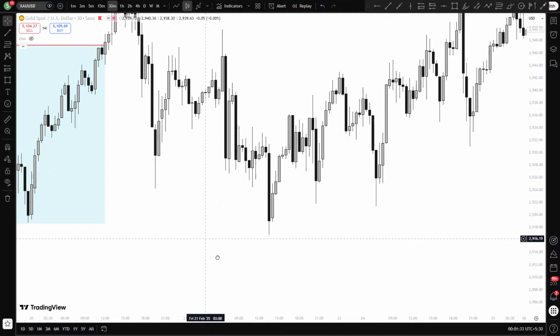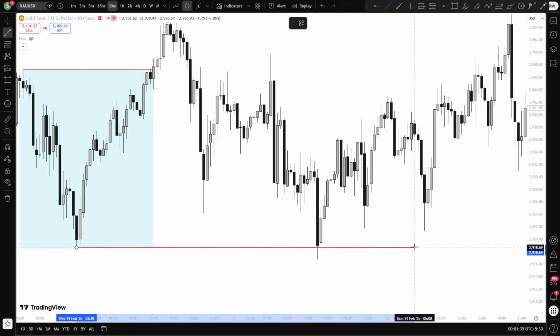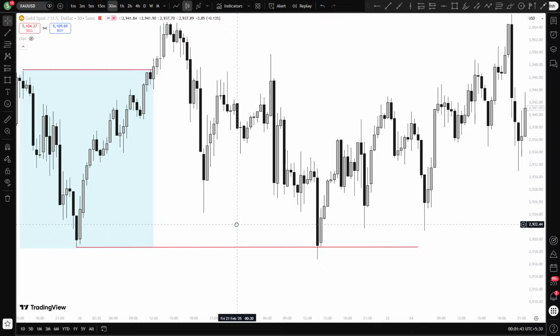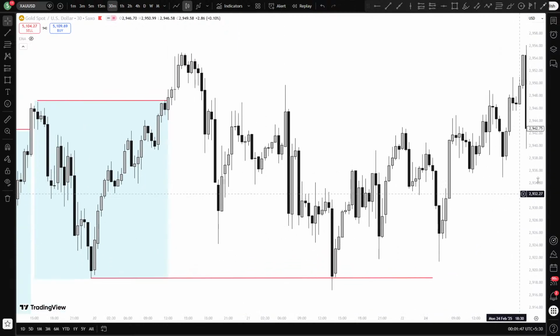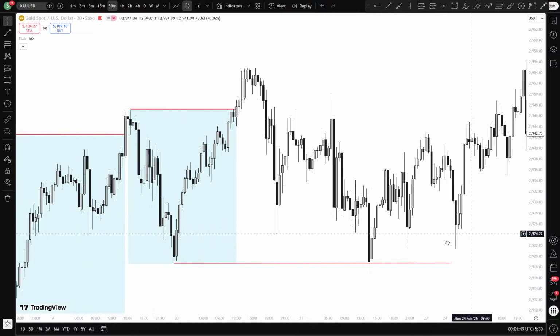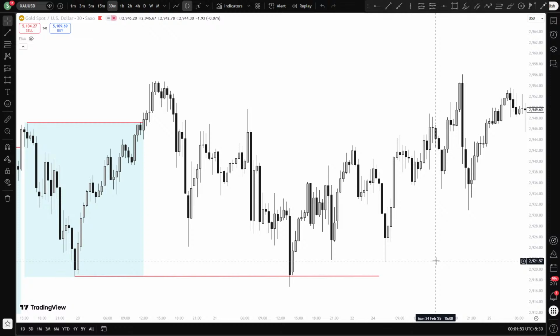Okay, so what do we now have? The market had touched this higher low. What did I say when I said that the market just came to hit liquidity? I was showing you that other example.